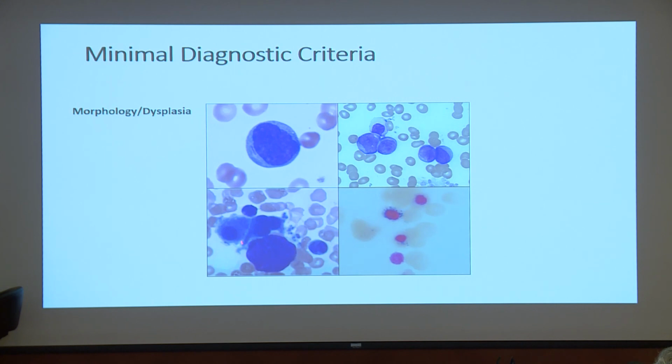Number 3, micromegakaryocyte, which is considered pretty much more pathognomonic for dysplasia, and ring sideroblasts. So I usually encourage my colleagues to specify why they are describing a bone marrow aspirate, to mention what these specific dysplasias are.